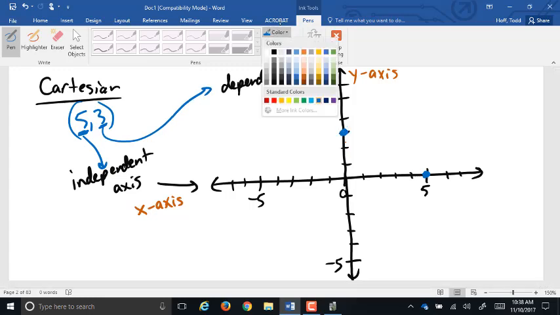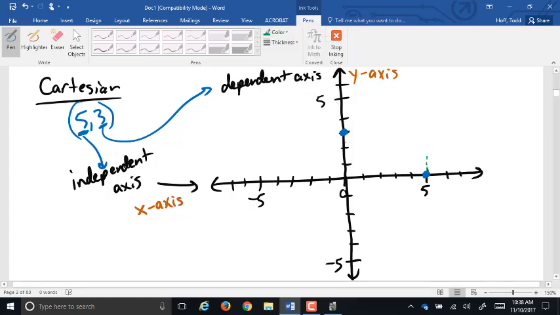Well, to graph those two numbers together, we project them out into space, and we put one point right there. That point is the point 5, 3. Because if we trace it down, its shadow falls at 5 on the x-axis, and if we trace it over to the left, its shadow falls on 3 on that vertical or dependent axis.